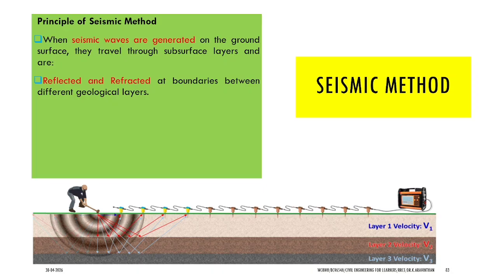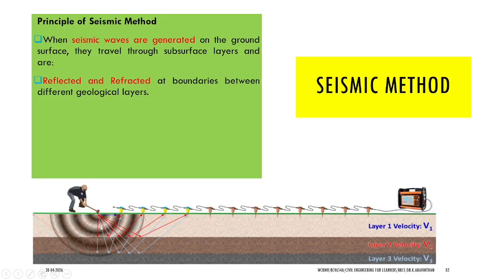Now, next thing, what is the second method? It's called the seismic method. What do we mean by seismic method? The same way, you will have probes at different locations. There will be a hammer here, and there will be an impact here. If you impact this, the vibration will pass and it will be observed by this probe.